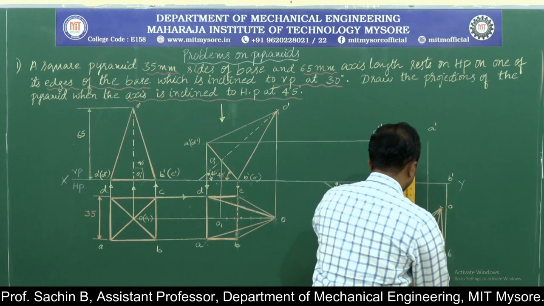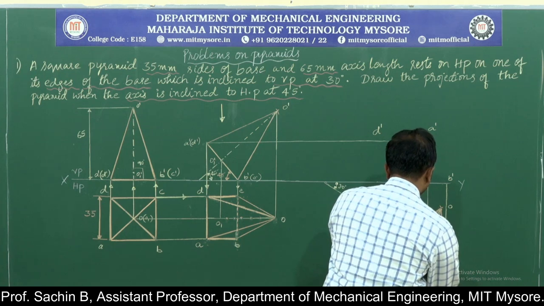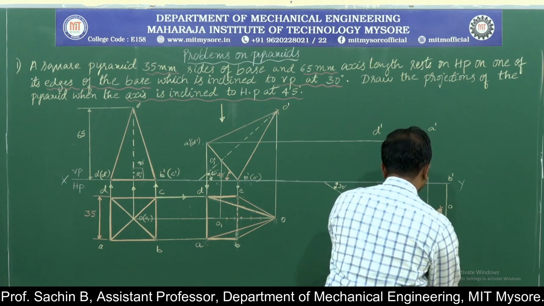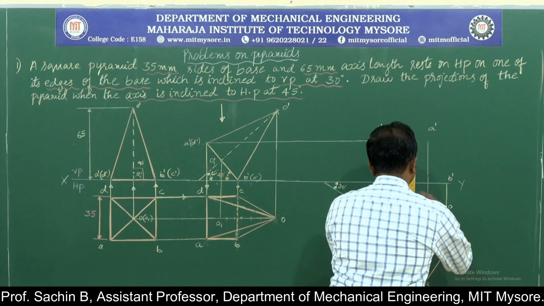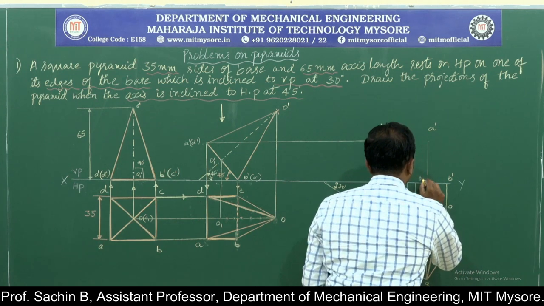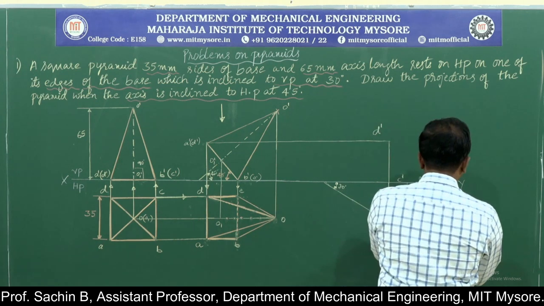Again one more is left, that is nothing but the axis. I will go for projecting the axis. This will be O1 dash. Next I will go for extending this O point.